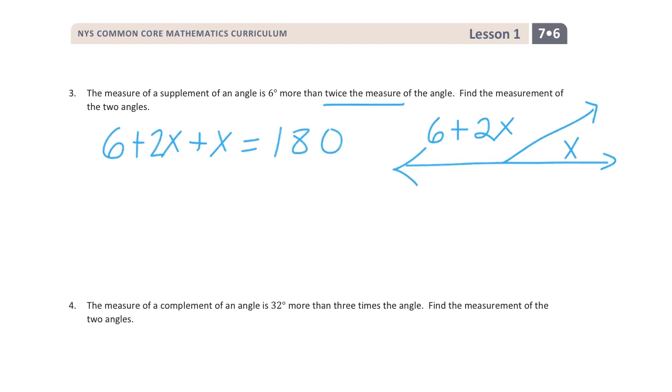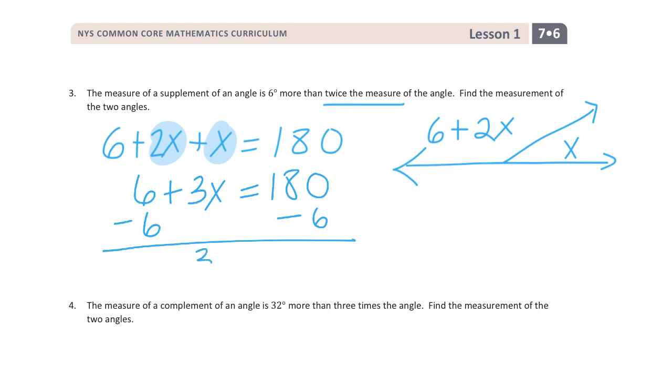So I have two terms here that I can combine. And so 6 plus 3x equals 180. Subtract 6 from both sides. 3x equals 174. Divide both sides by 3.